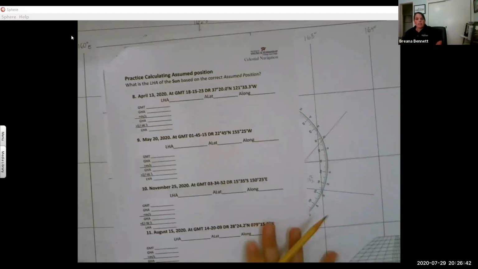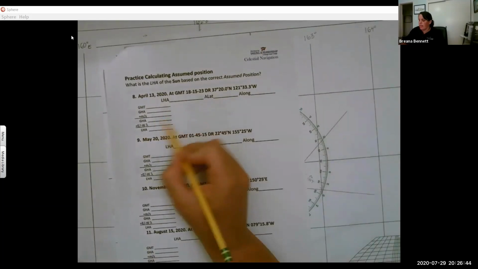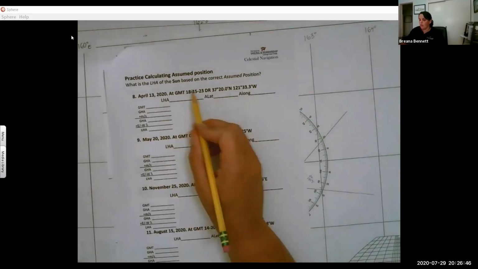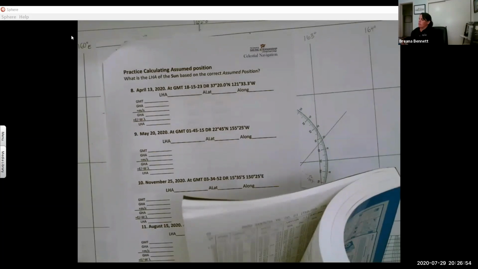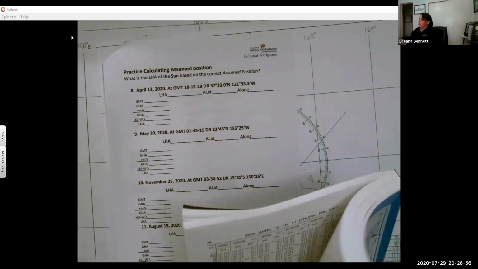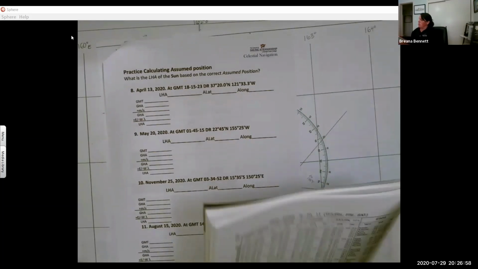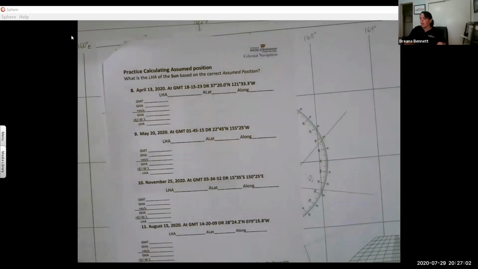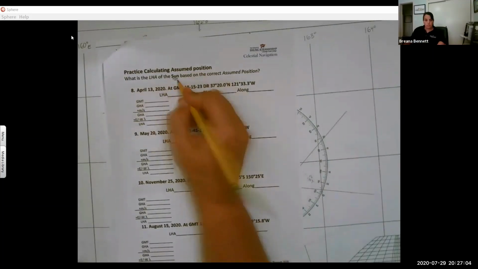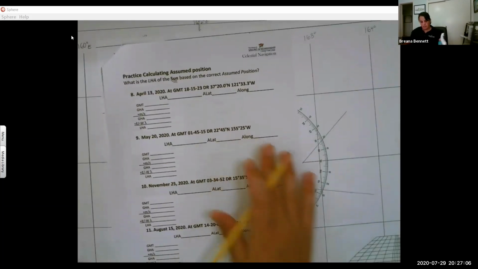For number 8, we start off by going back to our Nautical Almanac, on April 13th. And these are all going to be the sun, so keep that in mind.